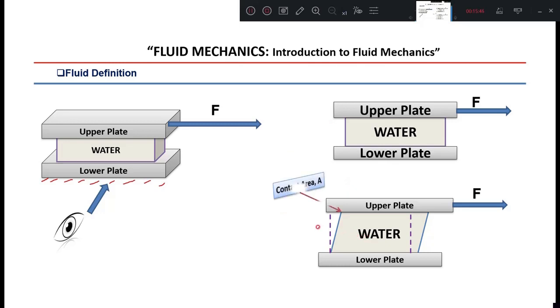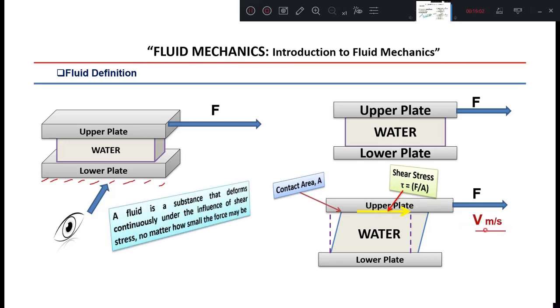Again, there is the contact area between the fluid and the plate, and this is the shear stress acting on the interface between the plate and the fluid body, and the plate is moving at a velocity of v meter per second. Then we get the rate of shear strain here.